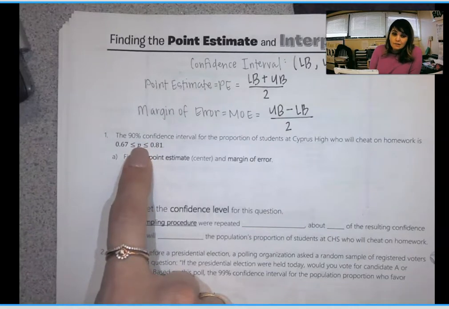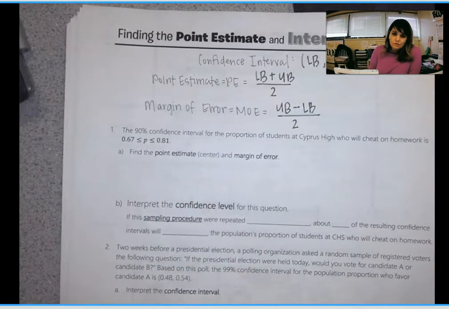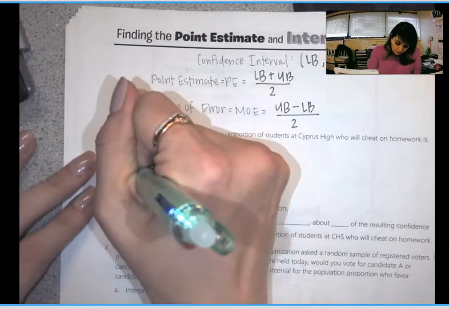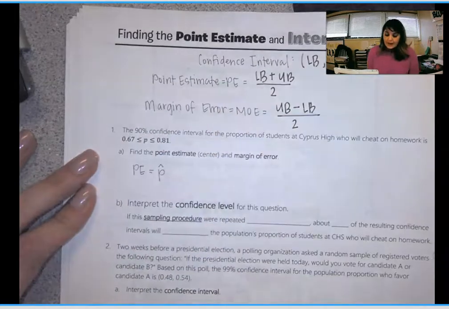So the reason that there's P there is because we're expressing that we think that P, the true proportion, is in this interval. So they want to know, well, what was the point estimate that you got from your sample? Well, point estimate in this case is p hat.